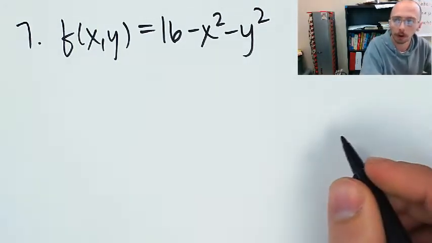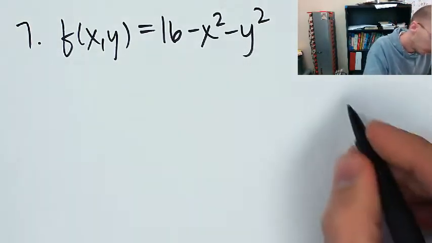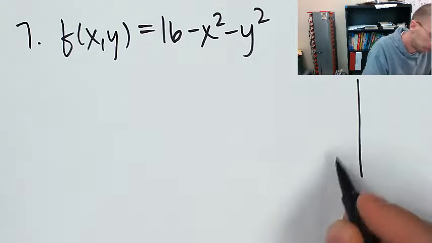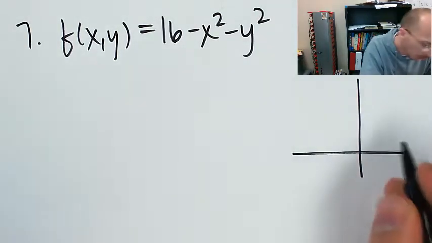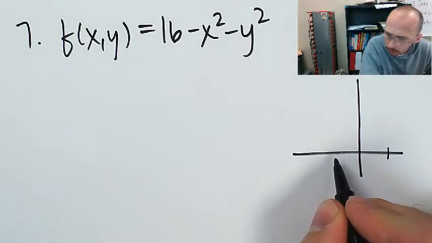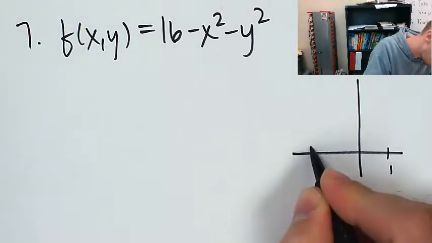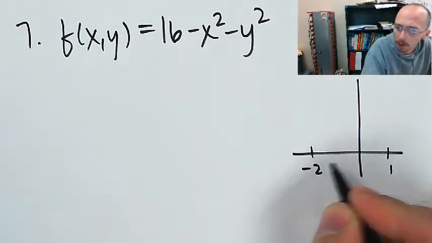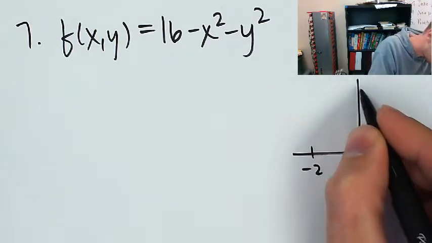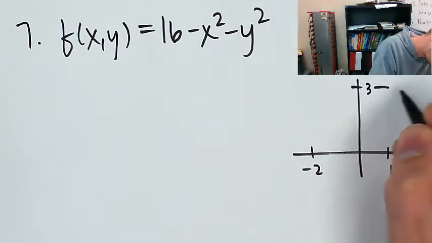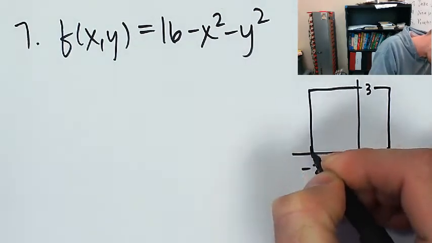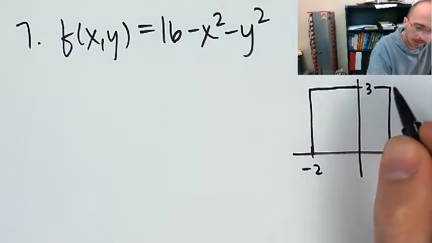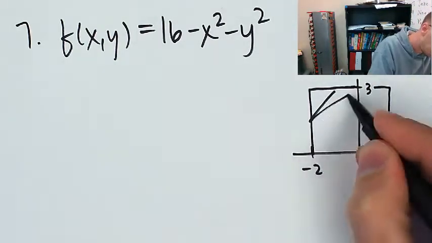Okay, and region R, I'll draw it over here. Okay, it looks like it goes to 1 on x, and it goes all the way back to -2. And in y, it goes from 0 to 3. And that's my region here.